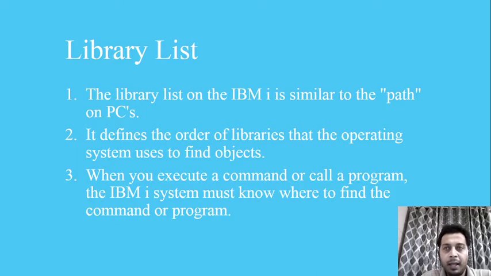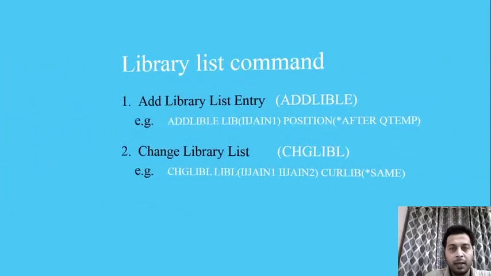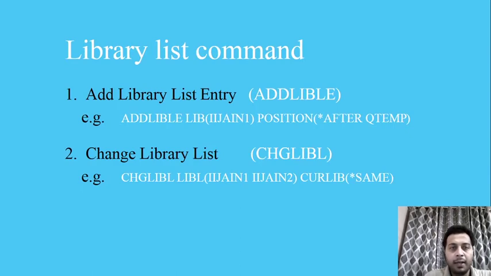So basically, anything we call from the command line, any object, for example a program I have called, needs to be found. Before that, let's see some commands. There is ADDLIBLE, add library list entry, where we add a library and give the position we want. CHGLIBL changes the library list.